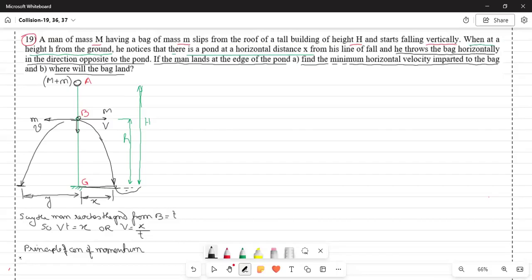So we write capital V into capital M, the momentum of the man, must be equal to small v into small m, the momentum of the bag.